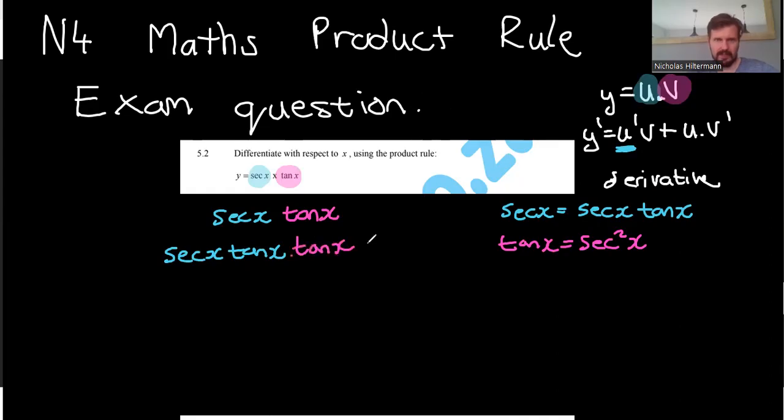Plus, so we've derived the first thing and we've timesed it by the second thing. Now all we do is take the first thing and times it by the derivative of the second thing. So we leave the sec x as is, and then we find the derivative of tan x, which is just sec squared x.